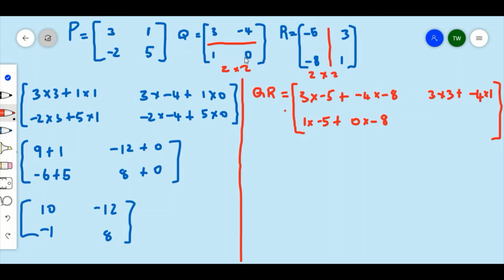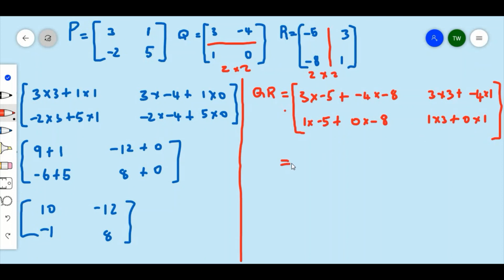Then we're going to use row 2 to multiply column 2 now. So it's going to be 1 times 3, plus 0 times 1.